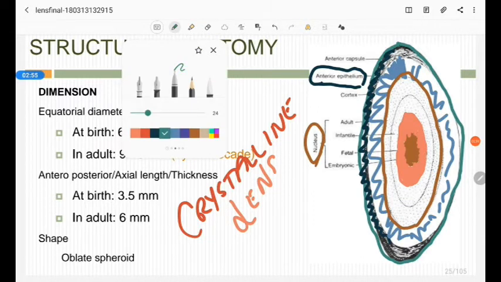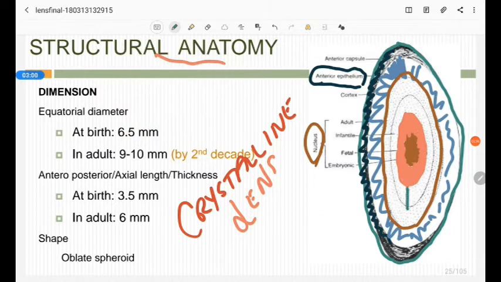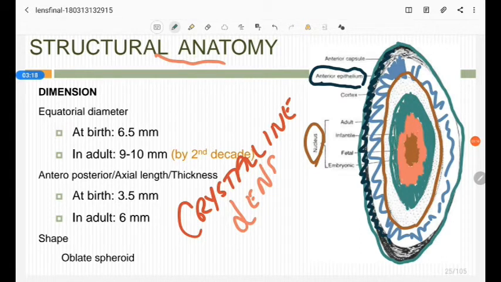Now the next element is the infantile nucleus. When the child is at the age of 1 year, the part of the nucleus that develops is the infantile nucleus.